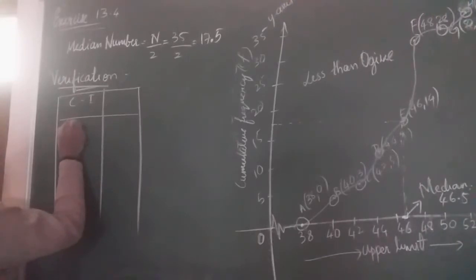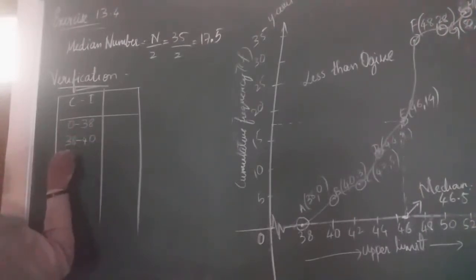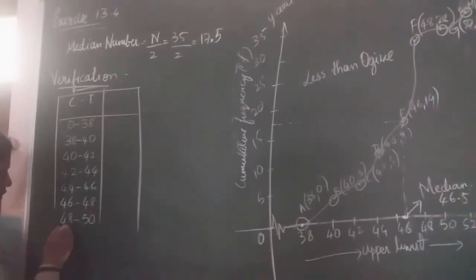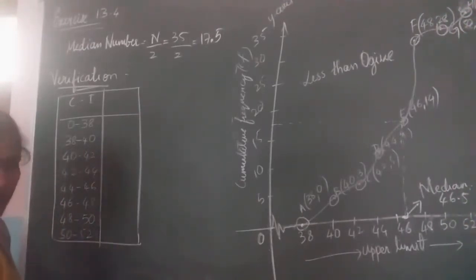That is nothing but 0 to 38. Next 38 to 40, 40 to 42, 42 to 44. Next 44 to 46, 46 to 48, 48 to 50, 50 to 52. This is the class interval we have converted.